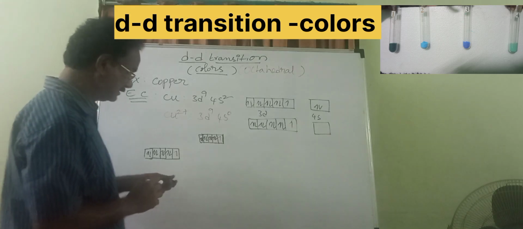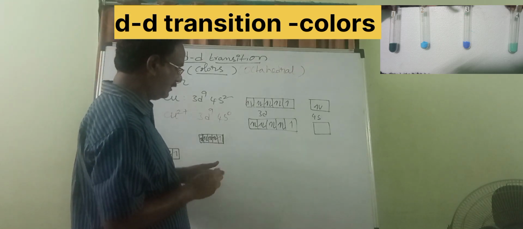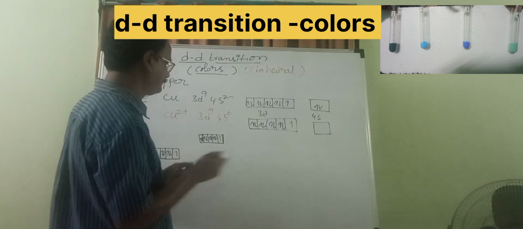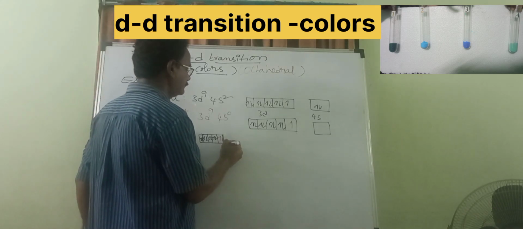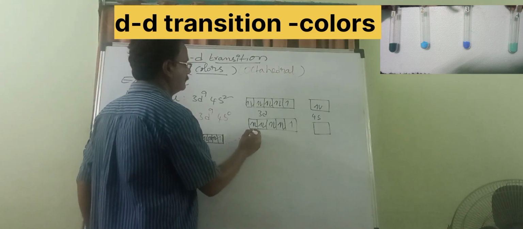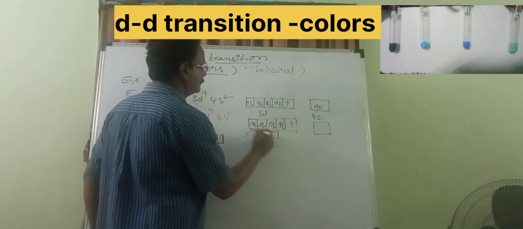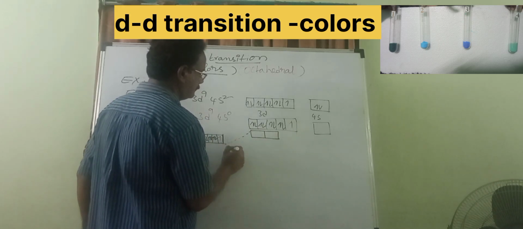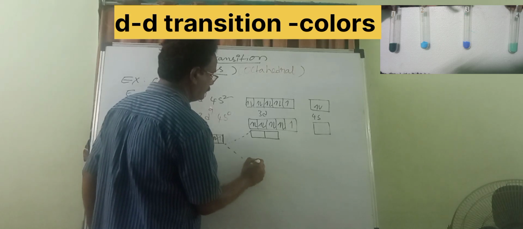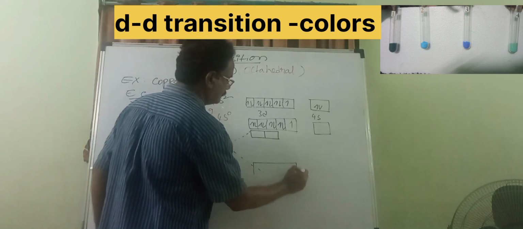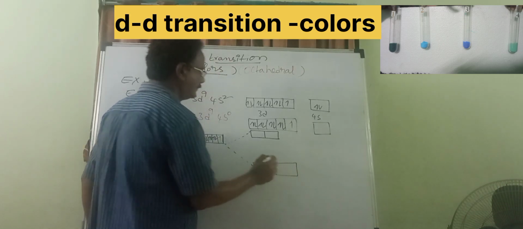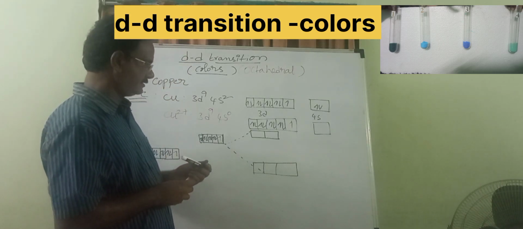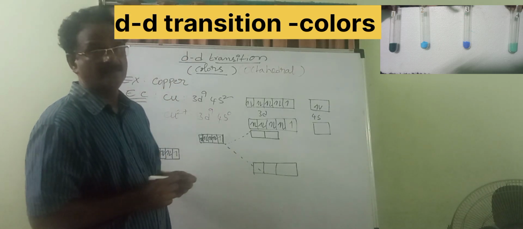This will be like this, and then the second level of excitation takes place like this. In second order excitation, being in octahedral geometry, the splitting pattern will be like this.